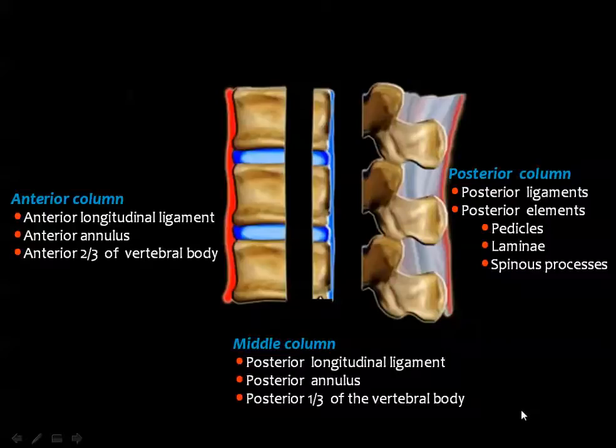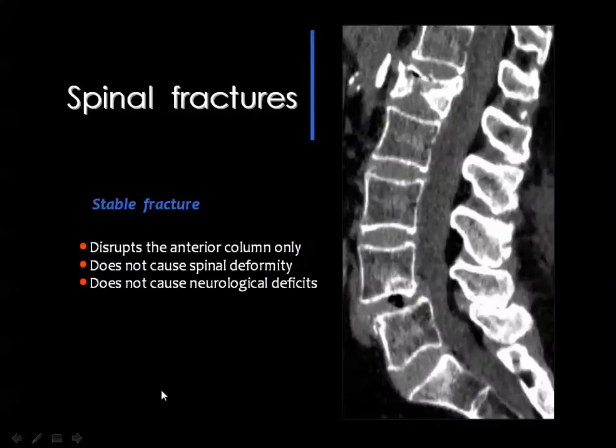Then, according to affection of any of these columns, the fractures are classified into stable and unstable fractures. The stable fractures are usually affecting only the anterior column of the vertebrae, and they do not cause spinal deformity and do not cause neurological deficits.